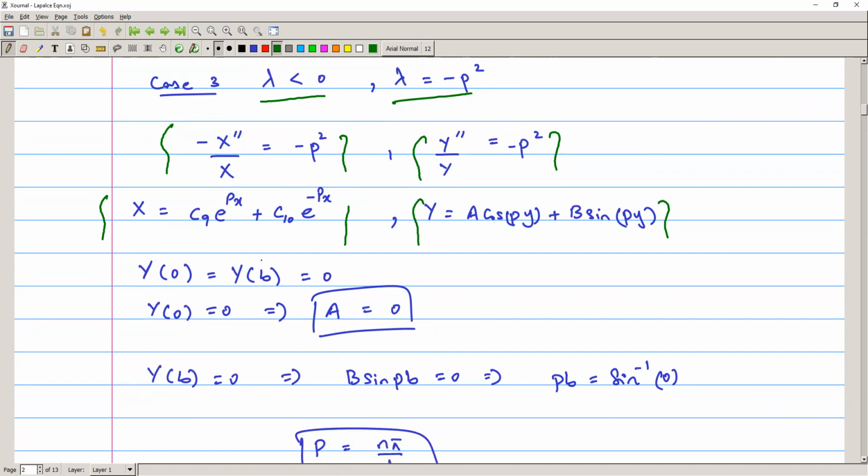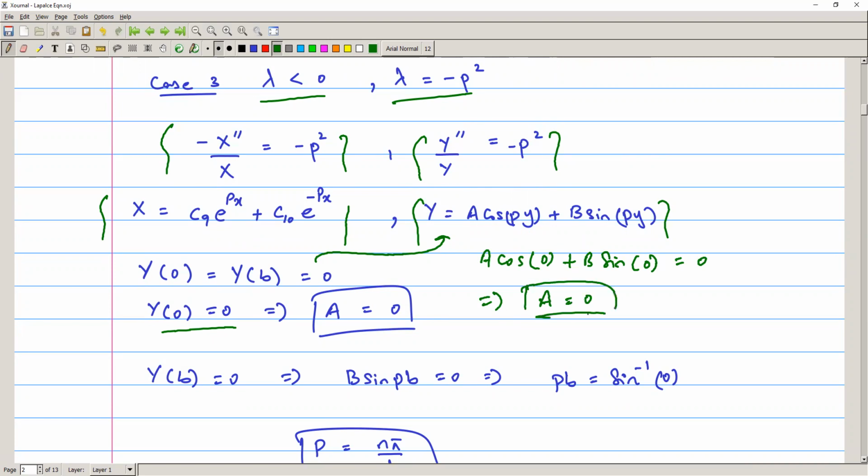Now we'll apply the boundary conditions. So these are the boundary conditions for this equation. From here, we can get a equals 0 by applying the condition y of 0 equals 0, because this will be a cosine 0 plus b sine 0 equals 0, which implies that a equals 0.